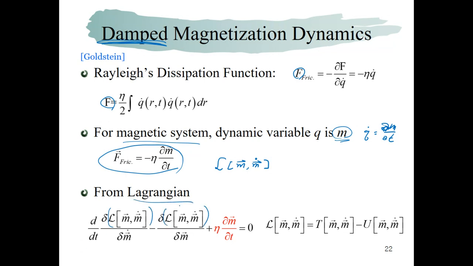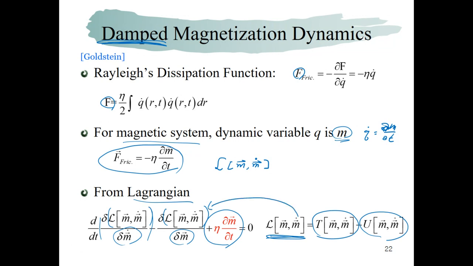You can build up the Lagrangian equation by the derivative with respect to m dot, and we can take the time derivative, and take the variation with respect to m, and the frictional force term. And this Lagrangian is given by the kinetic part and the potential part. So let's substitute this one to here.